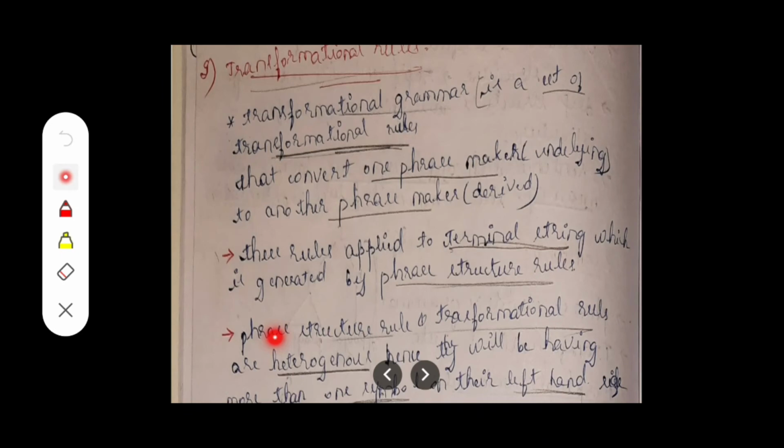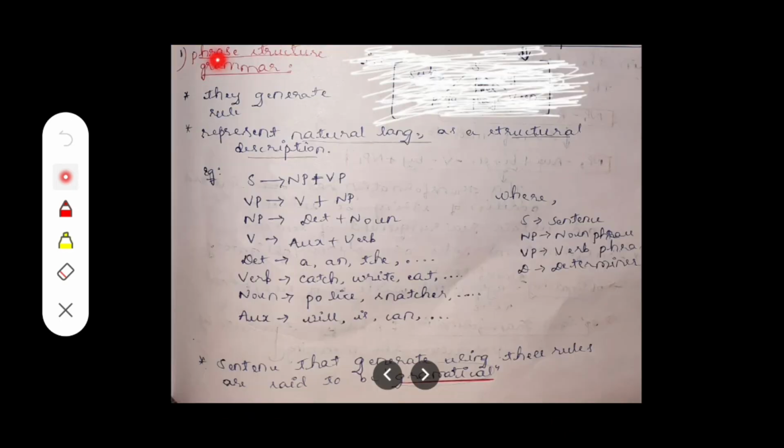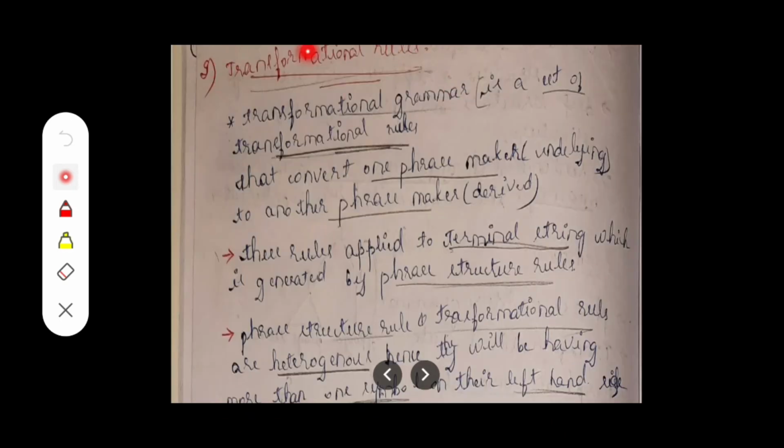Phrase structure grammar and transformational grammar are heterogeneous, hence they will have more than one symbol on the left hand side.